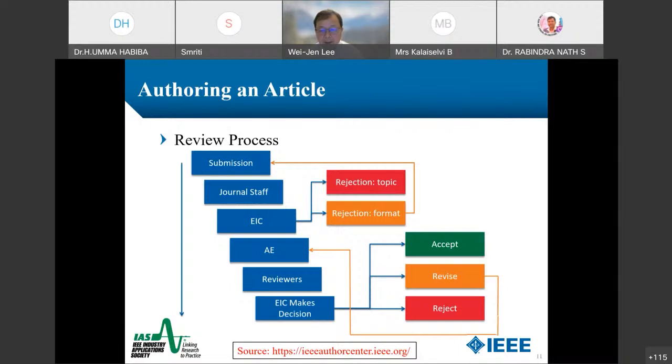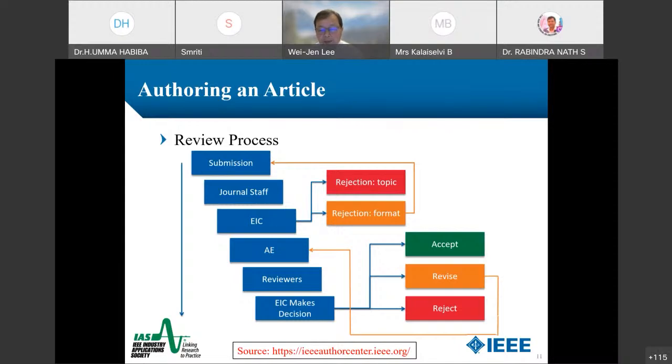If it is accept, that will pass along to the EIC, who makes the final decision. The associate editor makes the recommendation, and in our society, the IAS, the TCPRC makes a recommendation to the EIC, the editor-in-chief, and the editor-in-chief makes the final decision.